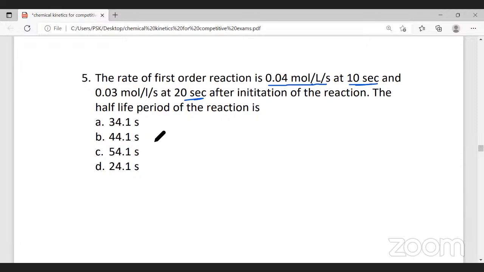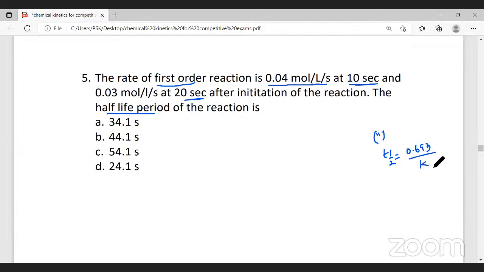In this question, they have not given the rate constant. They have clearly told us it is a first order reaction, so T half is 0.693 by K.